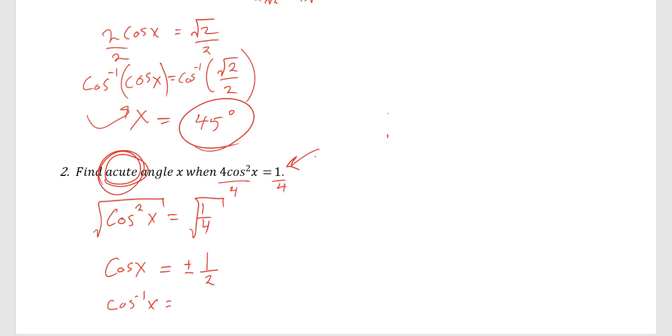So in this case, we're just going to take the plus 1/2. We're going to skip the minus. So we're going to take the cosine inverse of 1/2, or just 1/2. And that will give us 60 degrees.